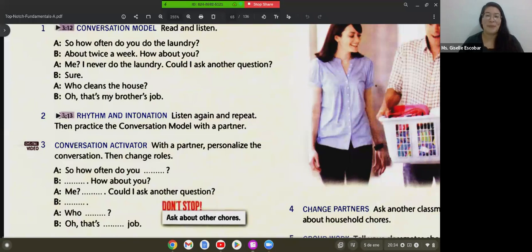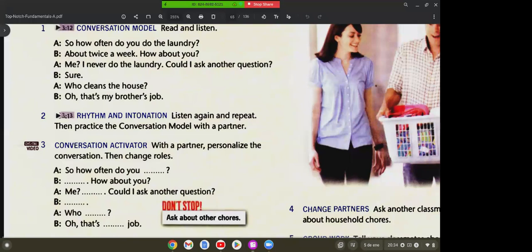Go ahead. Okay. Start, Jim. Jim, so how often do you take out the trash? I usually take the trash twice a week.